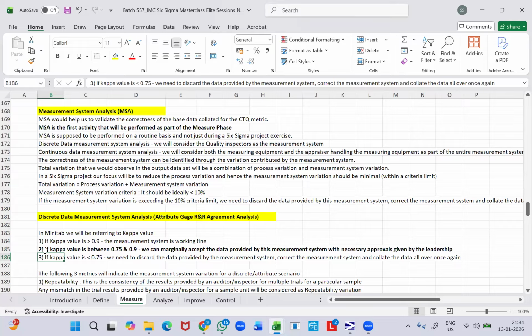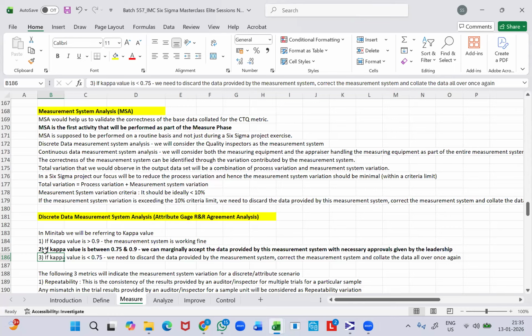This entire exercise will be segregated into two parts. One is performing the measurement system analysis exercise as such. The second part is calculating the measurement system variation metric performance.